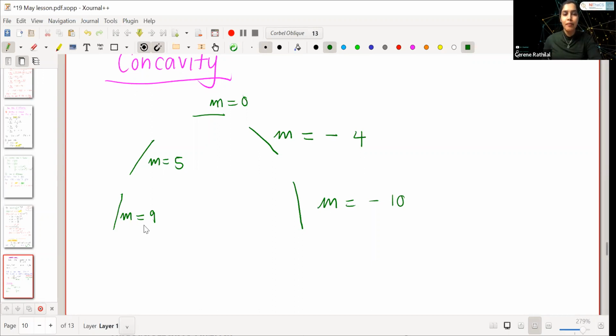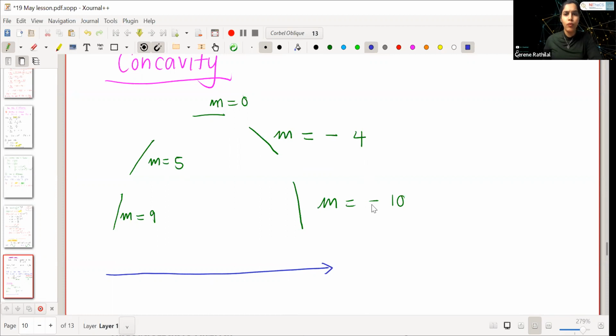So what's happened? Look at the numbers that we've got here, and let's work from left to right. So I'm going in this direction. Observe what's happened when we start from here and proceed in that direction. The gradient is getting smaller, isn't that so? 9 drops to 5. 5 drops to 0. 0 drops to -4.